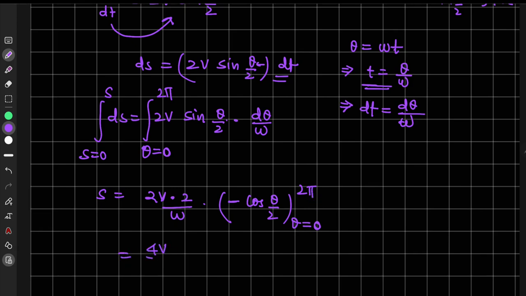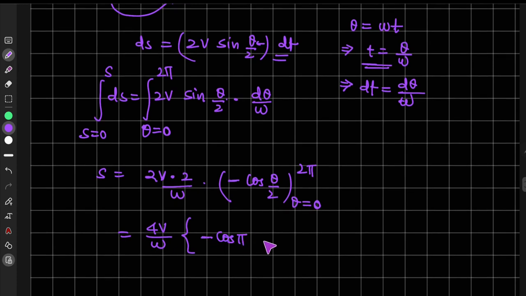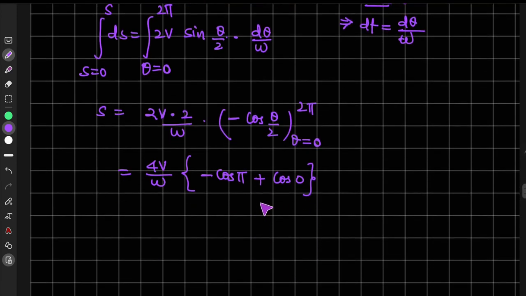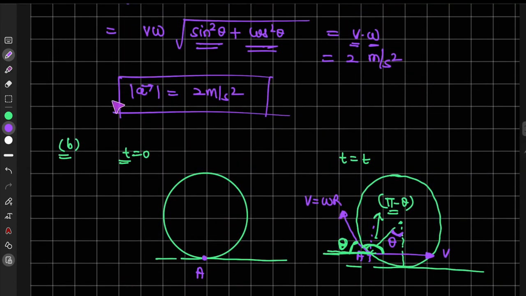So we will get 4v upon omega times minus cos of pi plus cos of 0, and cos of pi is minus 1 and cos of 0 is 1, so we will get 8v upon omega, and omega is 2 radian per second, so from here we will get 8 into 1 divided by 2, that is 4 meter.